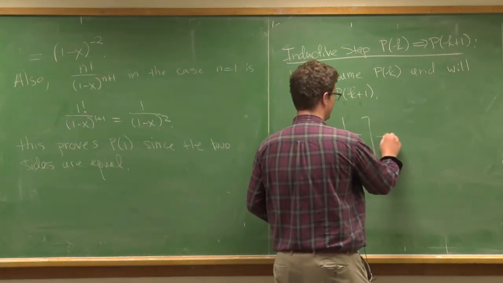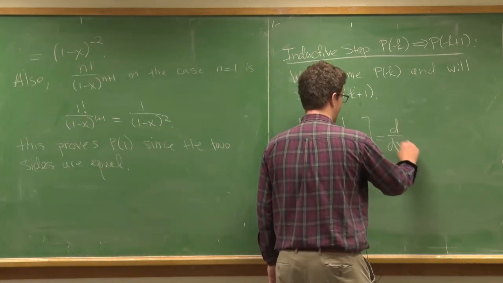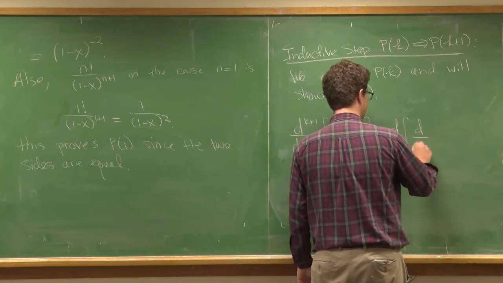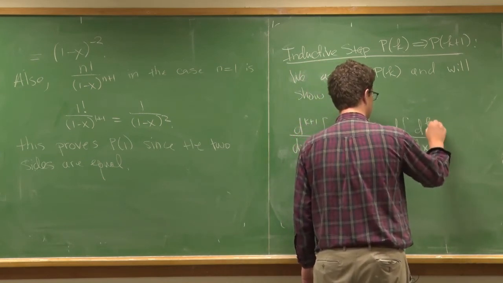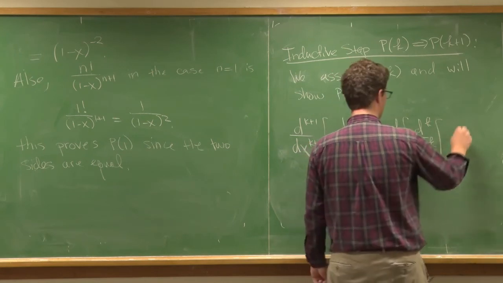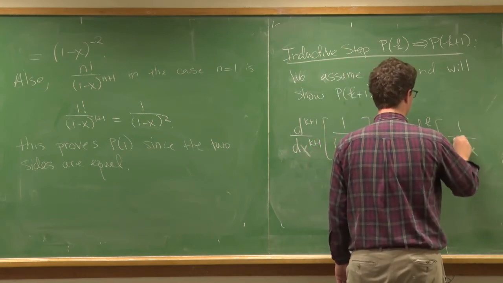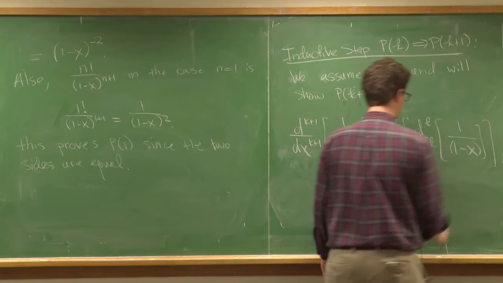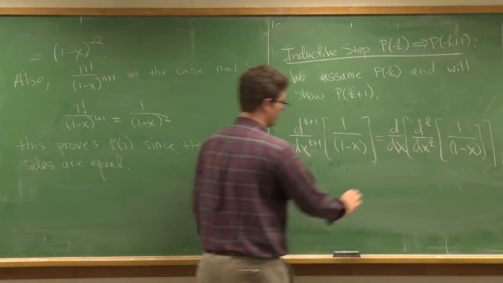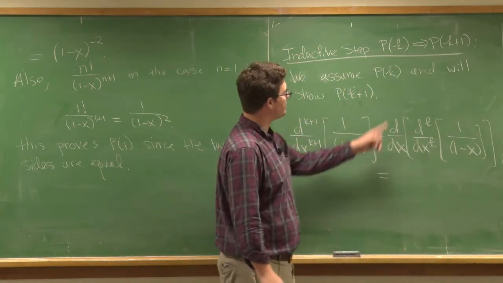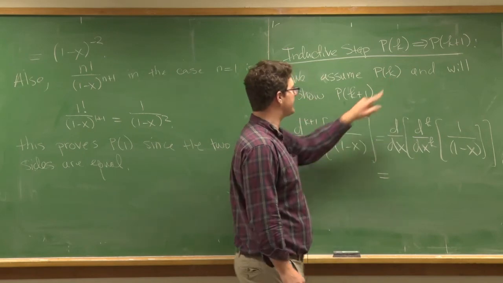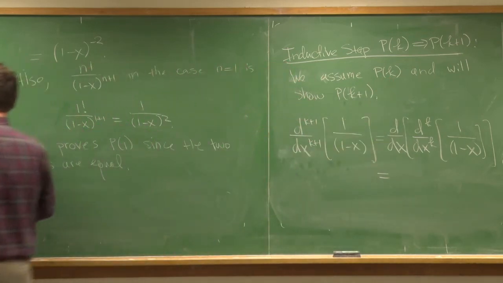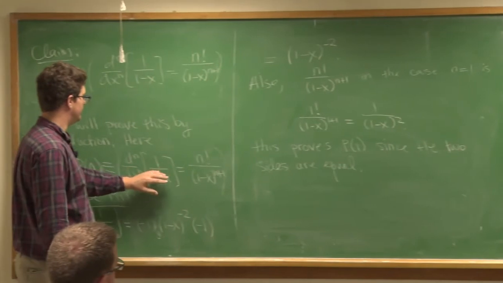Okay, and let's observe that this is equal to d dx times d dx to the k of 1 over 1 minus x. Okay, so what does this statement Pk say? Pk says at level k, I know that this formula is true, right?